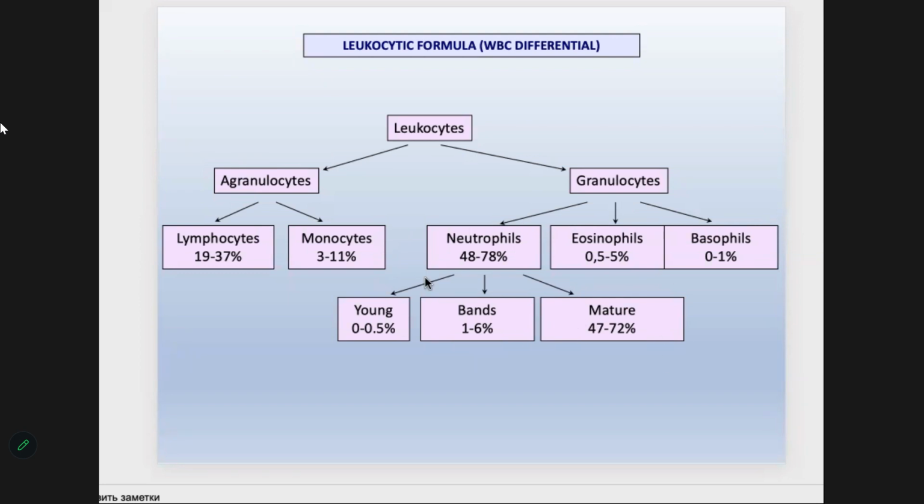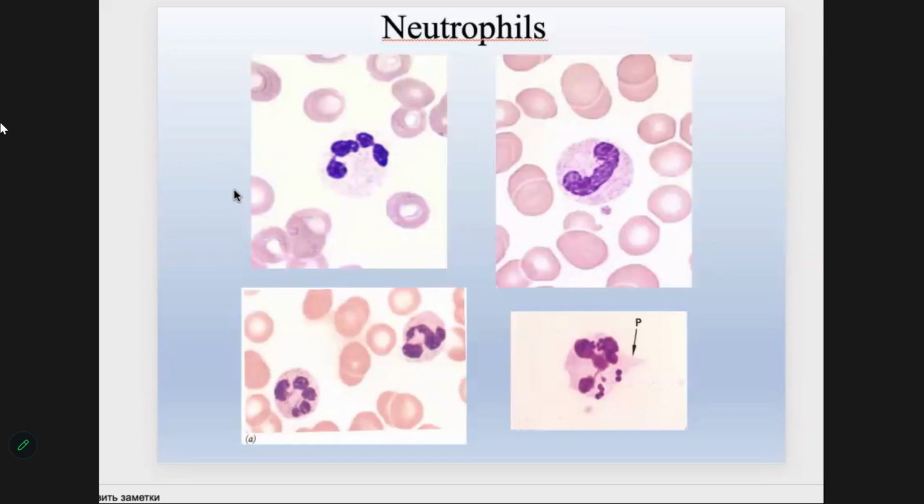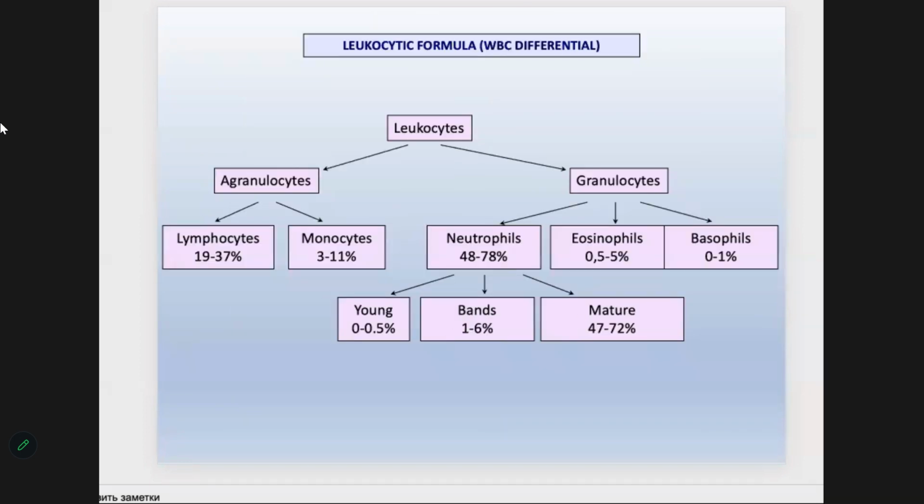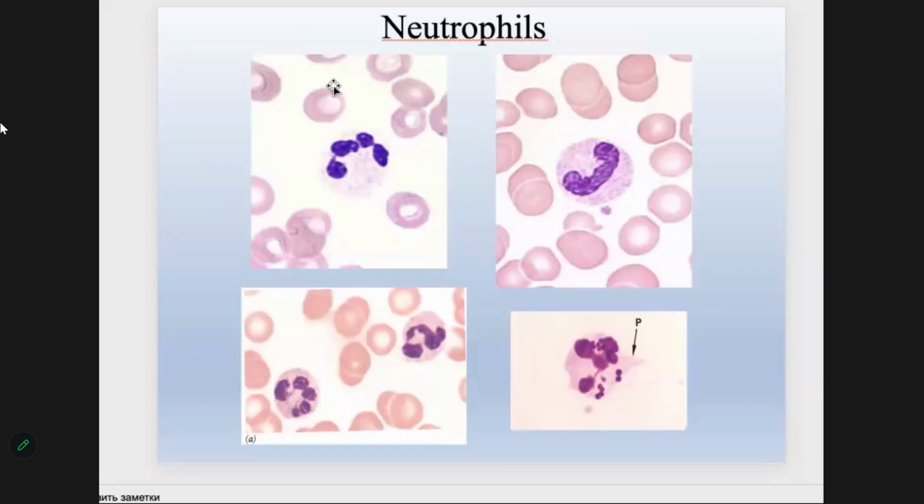Mature neutrophils are characterized by a segmented nucleus, but young and band neutrophils have a non-segmented nucleus. Usually band neutrophils have a nucleus which looks like a stick, and young neutrophils have a bean-shaped nucleus.